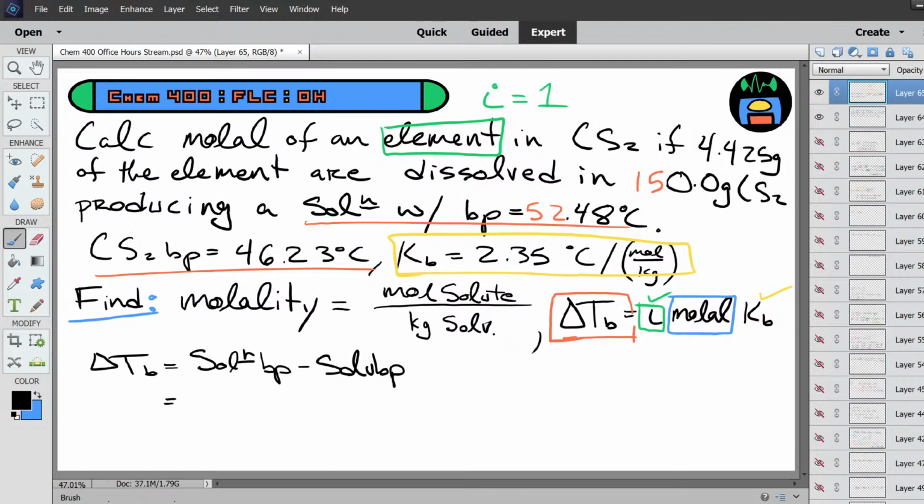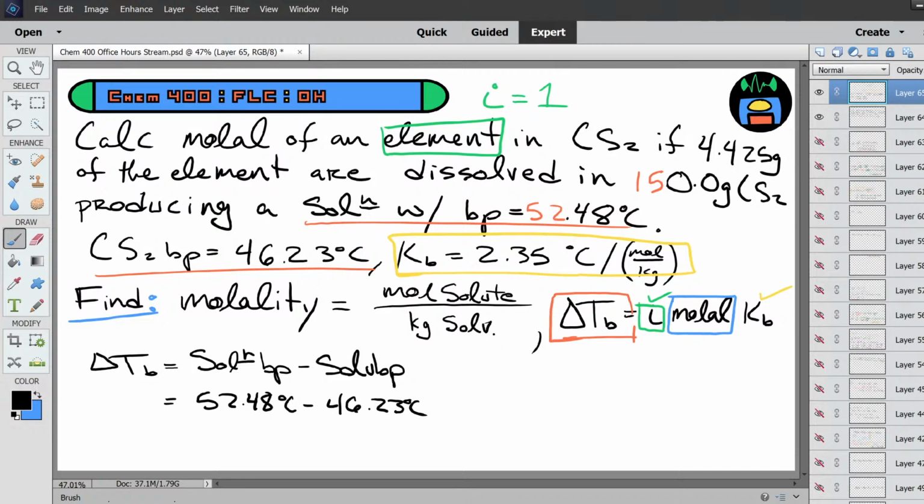So it equals 52.48 degrees C minus 46.23 degrees C. Again, I'm using my slightly different numbers so I don't give anything away.